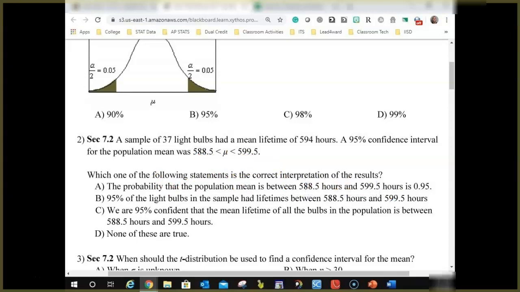Well, every time we interpreted it in the Chapter 7 videos, and now in the test review videos, it's always we are blank % confident, and then we talk about what the interval represents and what the values are. So the only one that states that is C. We are 95% confident that the mean lifetime of all bulbs in the population is between those two numbers.